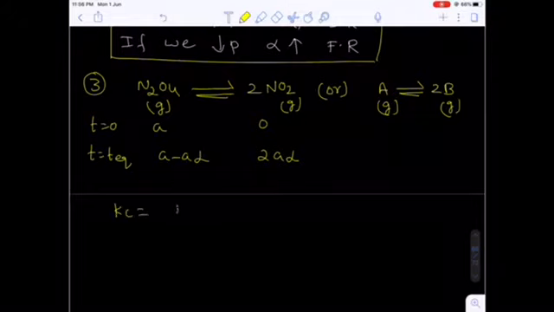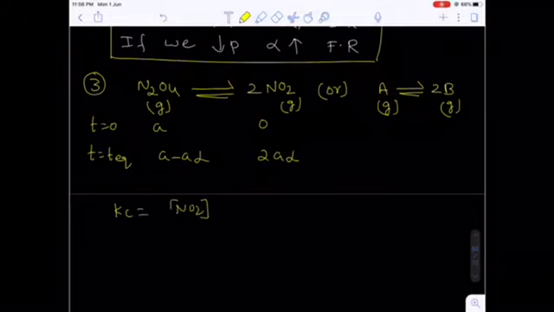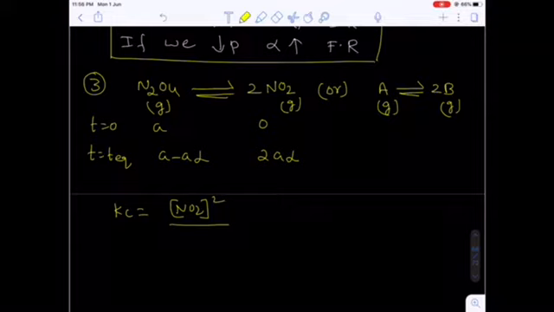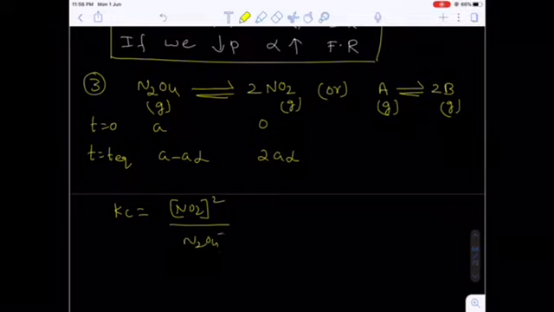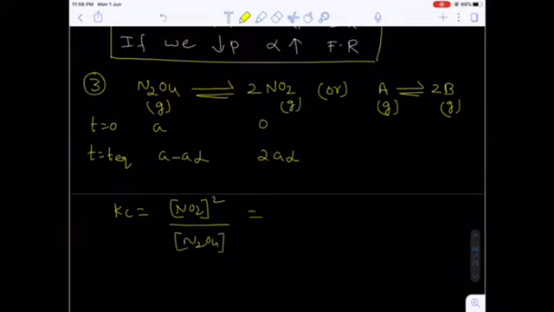Are you getting my point? From this expression, we can write Kc is equal to concentration of NO2 whole square divided by concentration of N2O4.